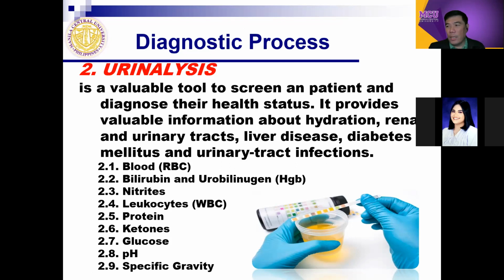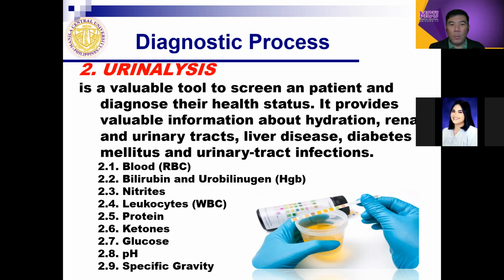The components of the urine analysis, in particular, consider the assessment of whether there are deviations or findings in the blood, RBC. This is an indication that there could be possible bleeding or possible presence of urinary stones.